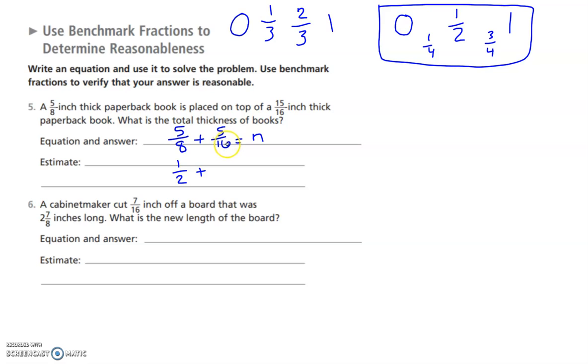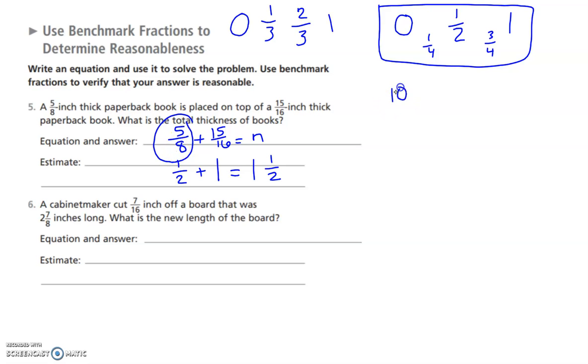And then 15/16 is about 1 whole. So I'm going to make that 1. And then that means that my answer should be around 1.5. So now if we add these two together, 5/8 can be turned into 16ths by multiplying the top and the bottom by 2.